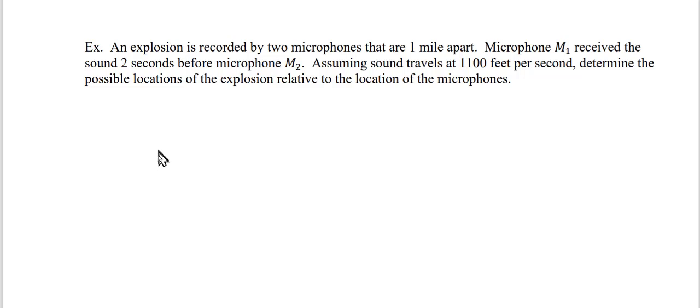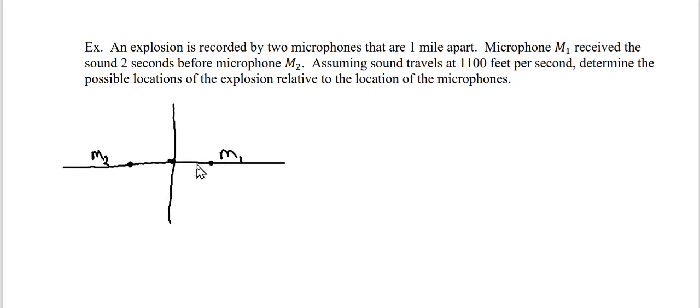Well, here's our picture. We have these microphones, right? Just for space, I'm going to put this microphone 1 and this microphone 2. They are 1 mile apart. I am going to make my own little coordinate plane here. I can set that however I want. I'm going to have the y-axis go right between them and the x-axis go here.